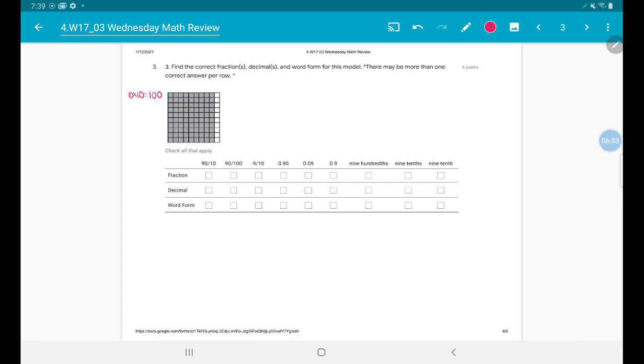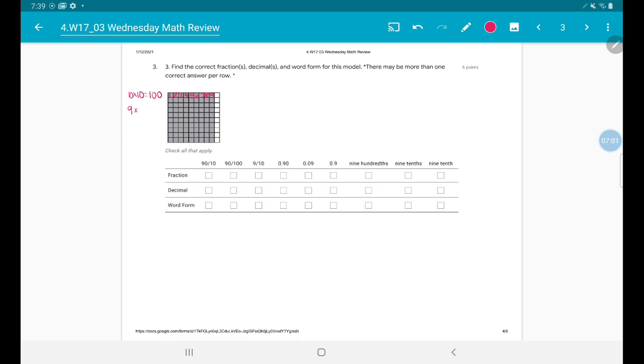So we'll start with the fraction or fractions. We need to know how many are shaded out of the 100. So there's 1, 2, 3, 4, 5, 6, 7, 8, 9 columns shaded with 10 in each.